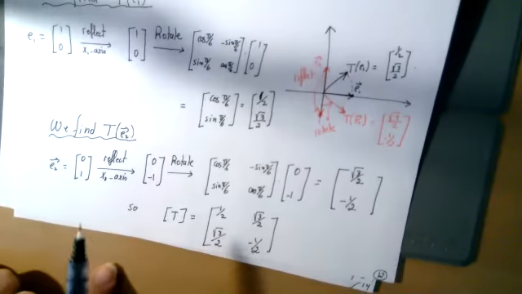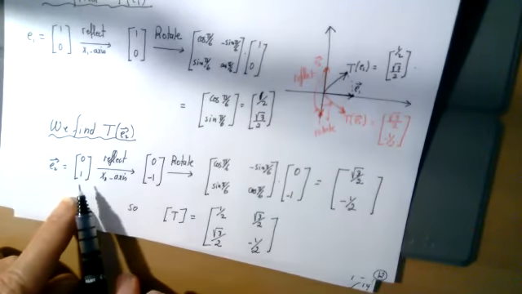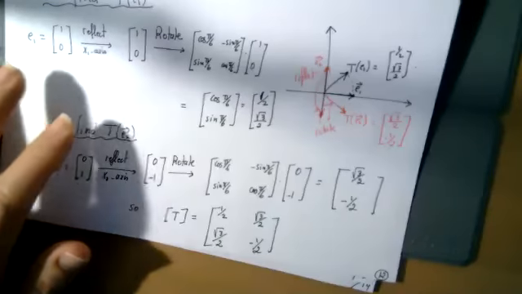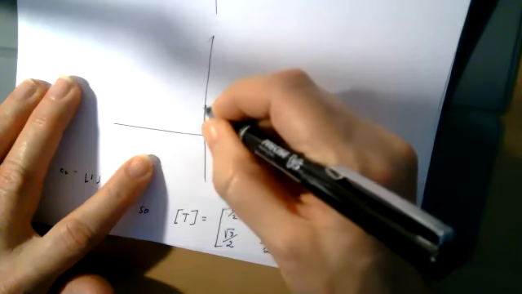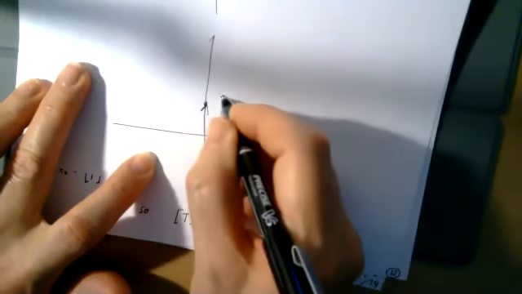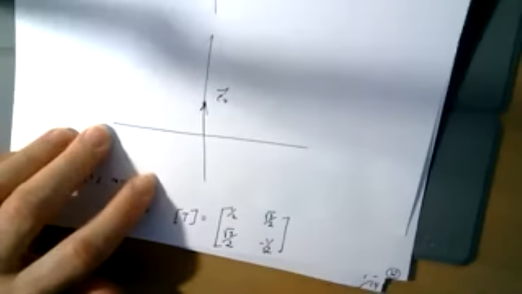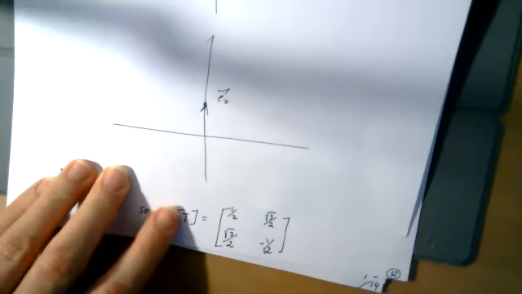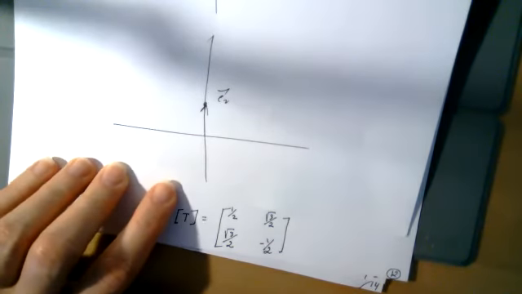Now I'm going to do the same for E2, exactly the same. I'm going to take E2. I'm going to reflect it. But E2 is different. That's my E2, and I reflect it. Where does E2 go? Is it easy to know?